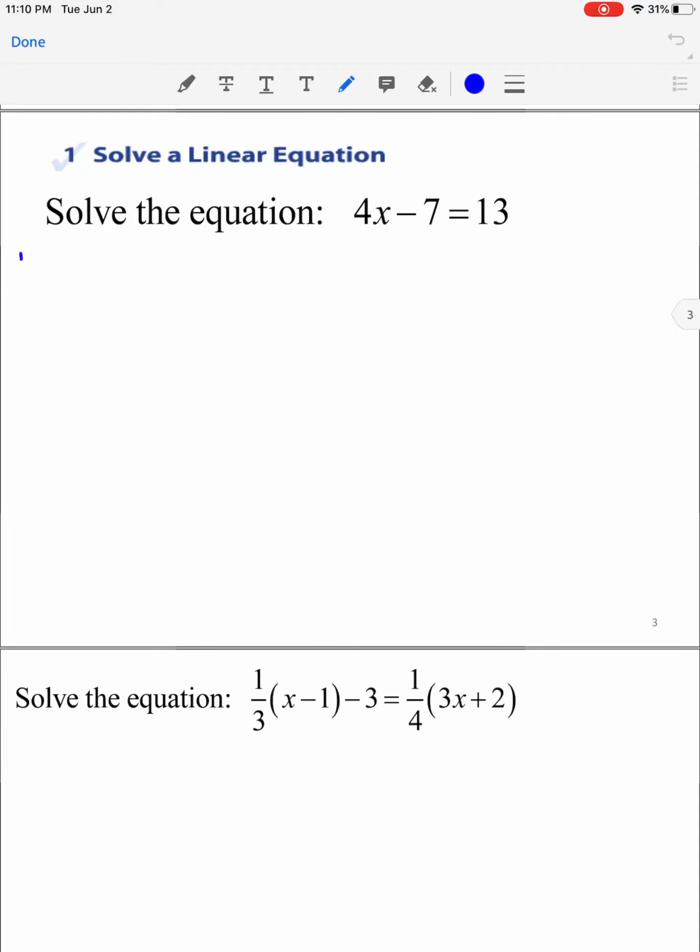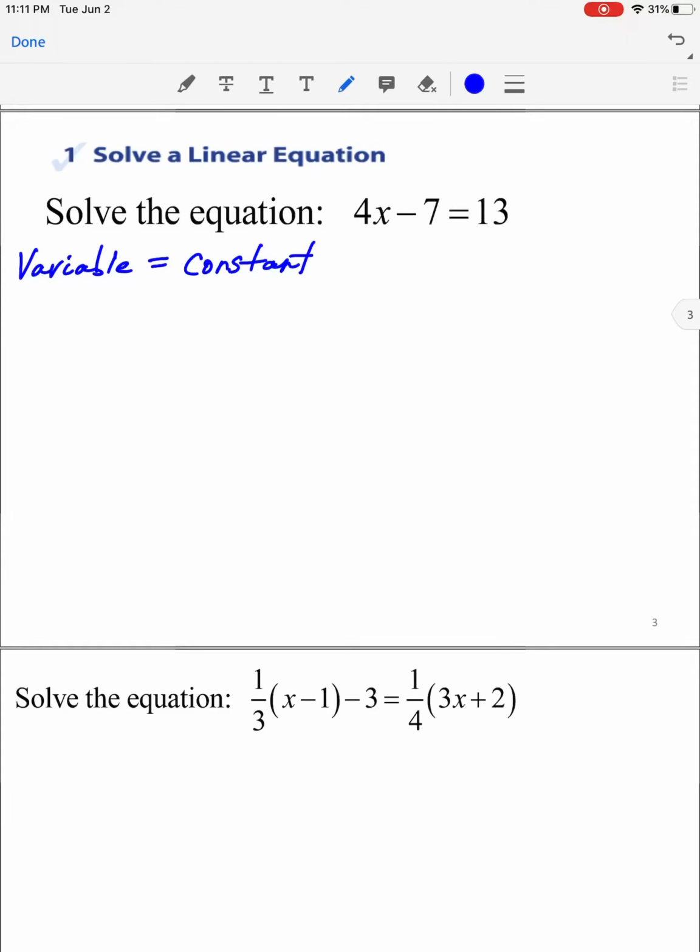So we want to have variable equal to constant terms. Variable equal constant. Just have that in your mind the entire time. Variable equal constant. And constants are any real numbers. Those are constants.